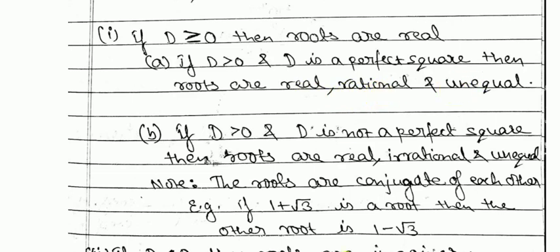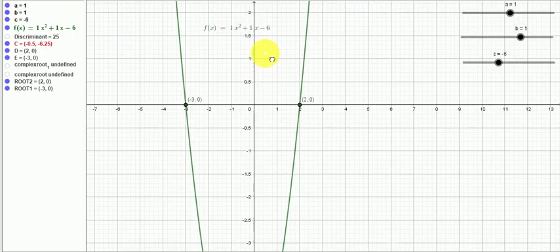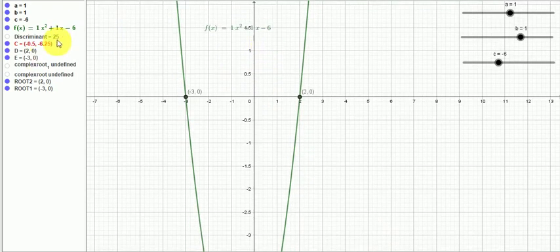Both are different. So that means whenever discriminant is greater than 0, the quadratic expression is going to intersect the x-axis at 2 points, and the x-intercepts would be the roots of that expression.